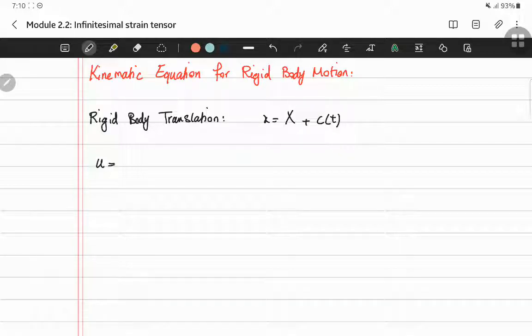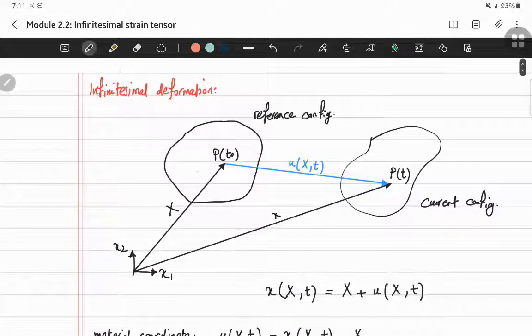if you remember, the displacement field u was small x minus capital X. And if we just replace from here, c of t minus X, we get c of t. So everything is a function of time. So we can say that if you have a material point, or a particle point in your configuration here, and if you translate it using the rigid body translation, everything is just changed from one place to another place.